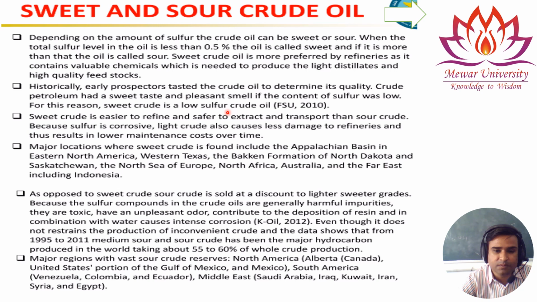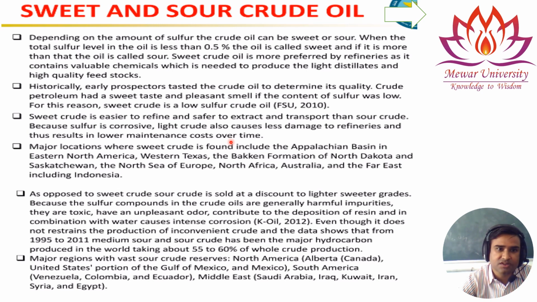So if you talk about the sweet crude, that is low sulfur crude oil, the crude oil that contains very low sulfur. Sweet crude is easier to refine, and safer to extract and transport than the sour crude, because sulfur is corrosive.